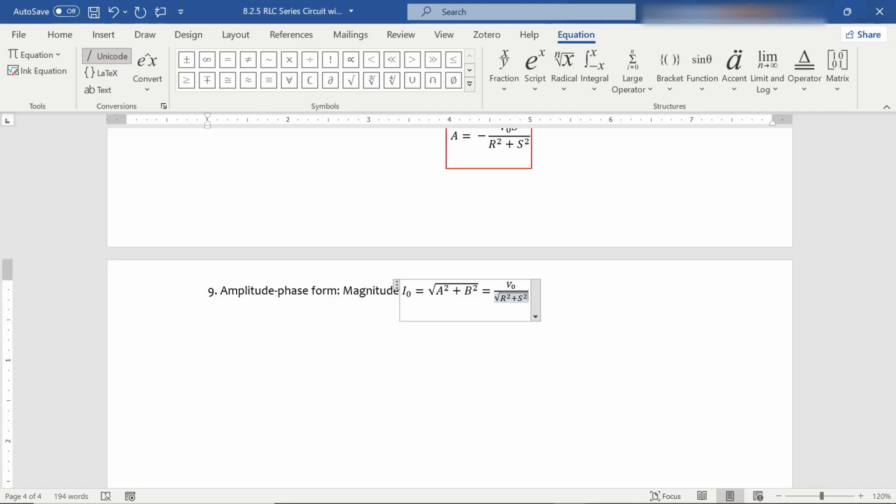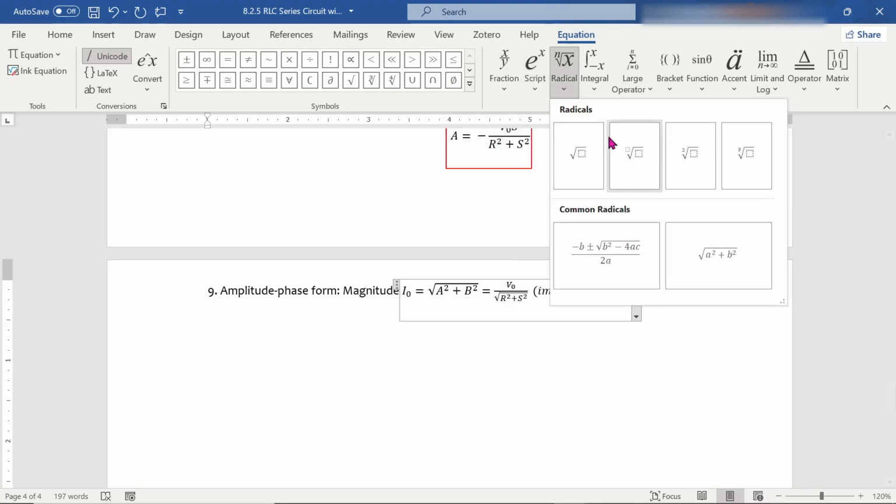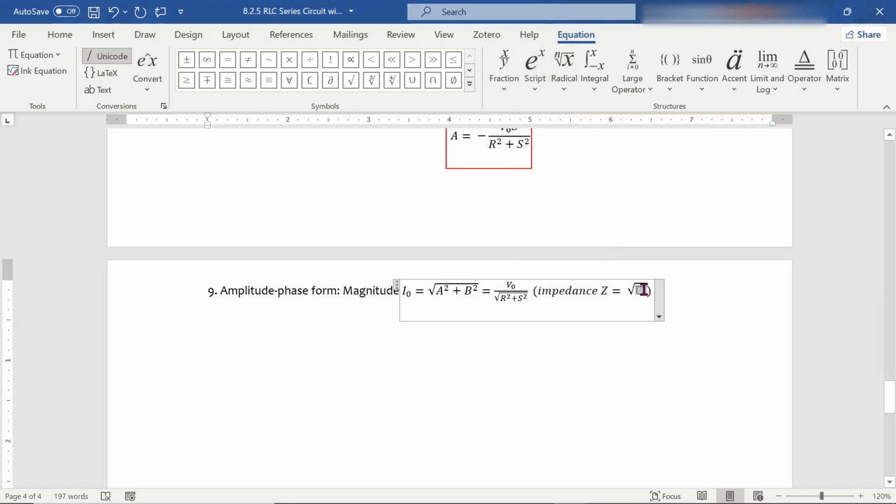And we can define our impedance here. Impedance Z is equal to R squared plus S squared. So this one is V naught over our impedance.